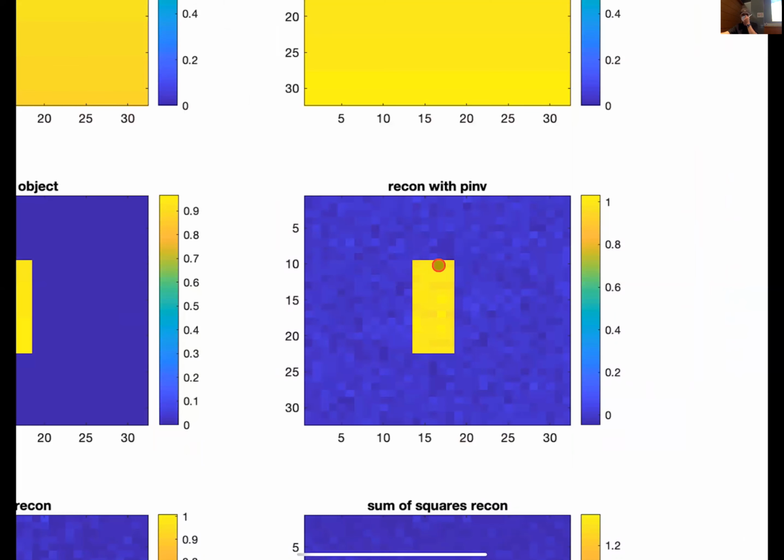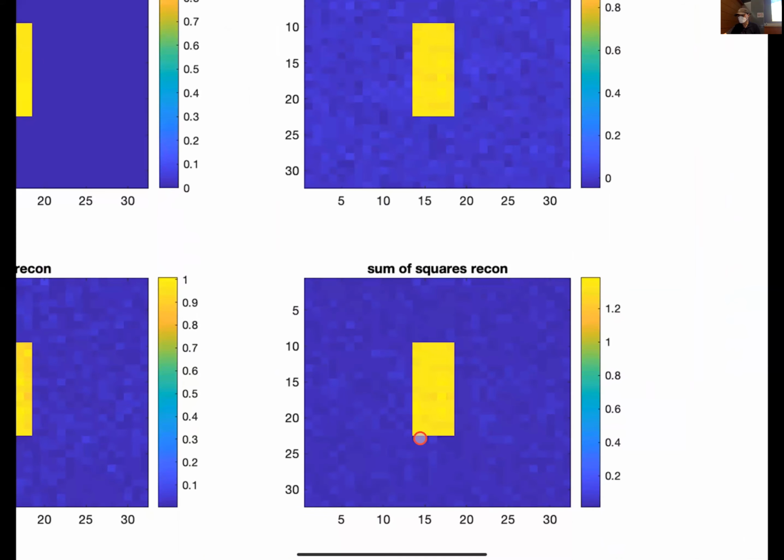In your homework, you'll look at it with and without noise. The slides here all have noise in them. It's a little noisy, but it's pretty good. And the sum of squares recon is also pretty good. So when the coils have these very gently sloping profiles and largely overlap each other, sum of squares actually does a pretty good job.